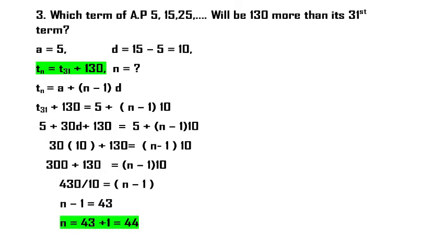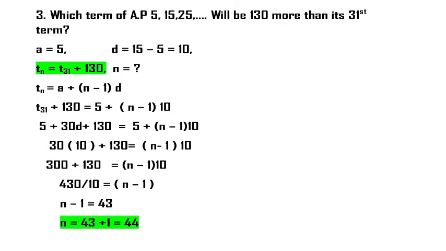Question number 4. Which term of the AP 5, 15, 25 will be 130 more than its 31st term? So instead of giving a particular value, the value is given with a relation.